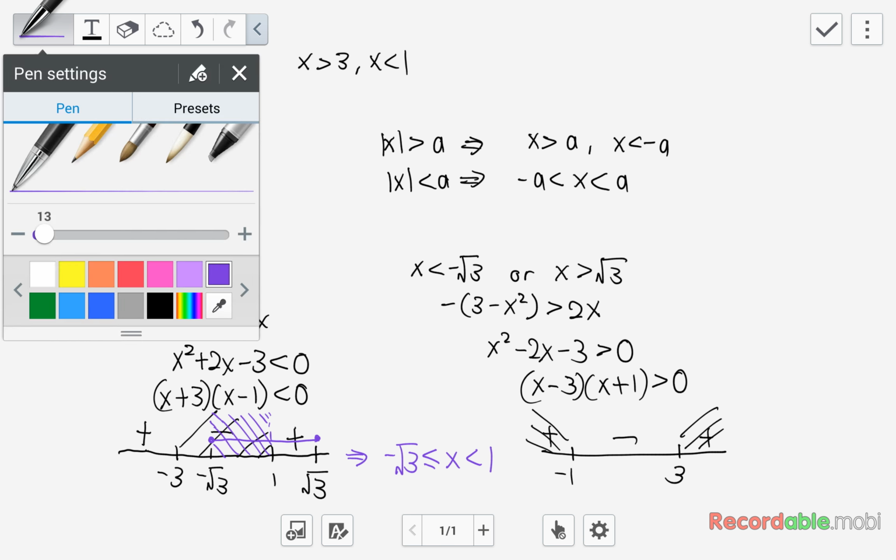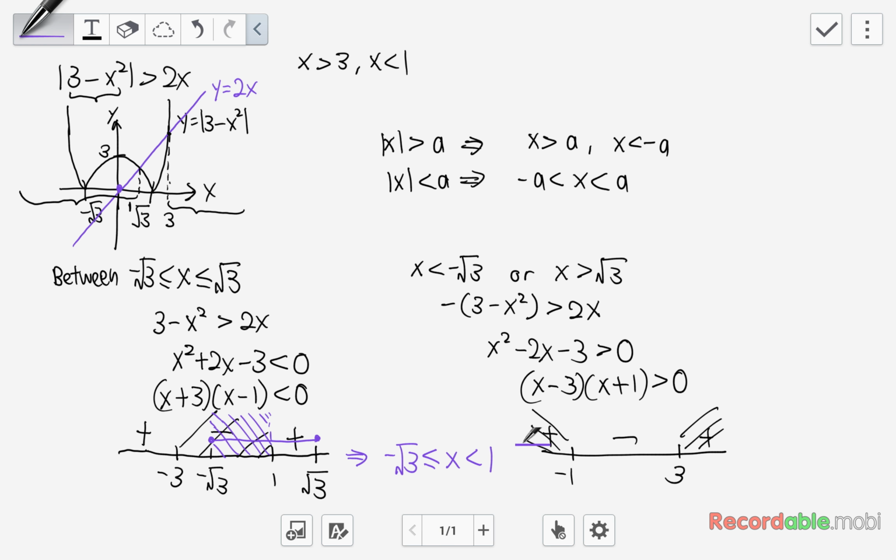Minus root 3 is smaller than minus 1, so we only take from here. And here we want it to be greater than root 3. Root 3 is smaller than 3, so this is root 3 and I want to take it from here.